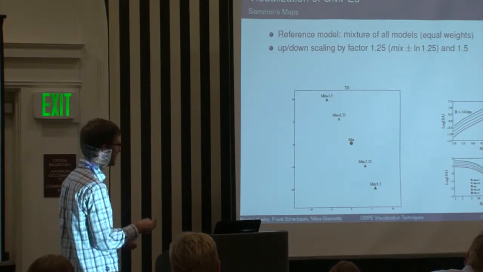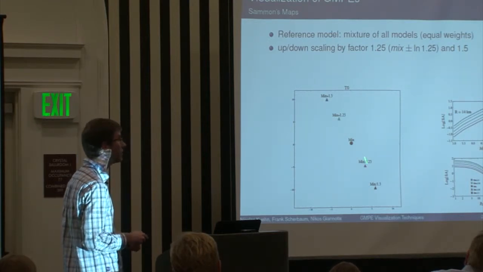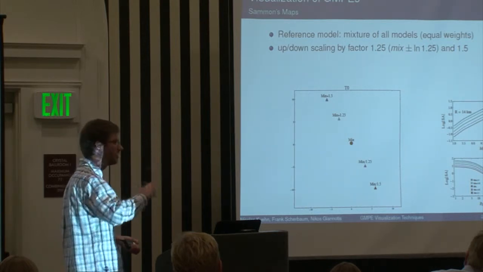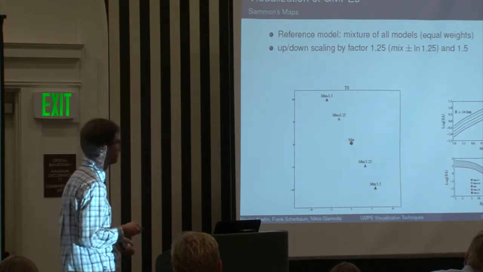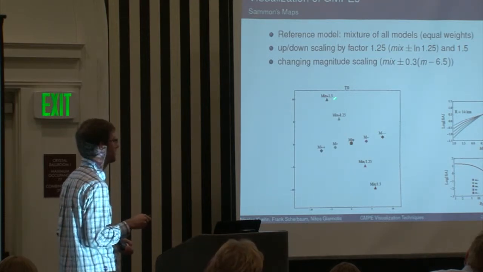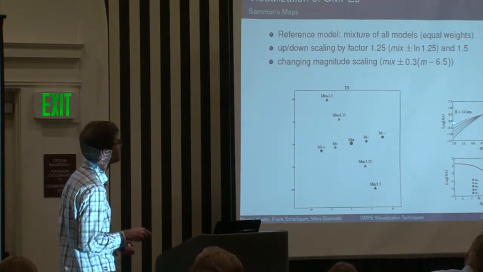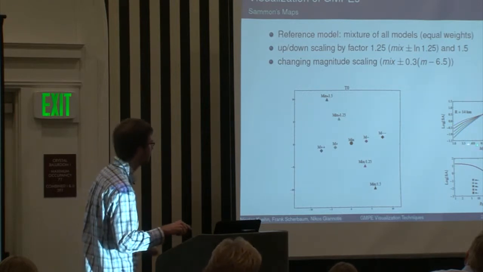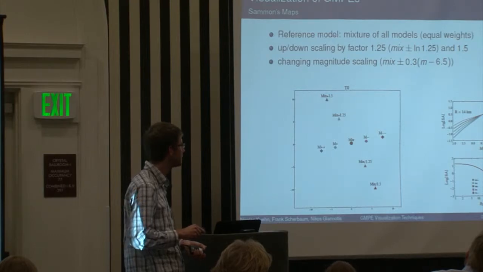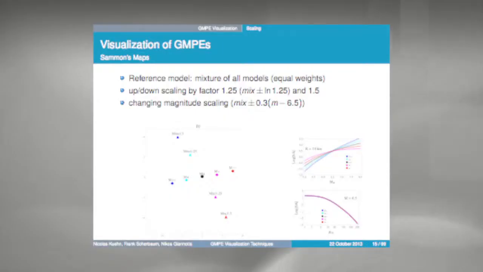So that means when all our models lie on this straight line, then we can say they only differ in up and down scale. Next, I changed the magnitude scaling of this reference model. You can see this here, I hope you can actually read this. This would be M++, this would be M+, this is the reference, M-, and M--.